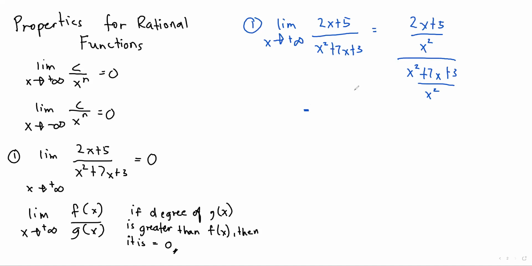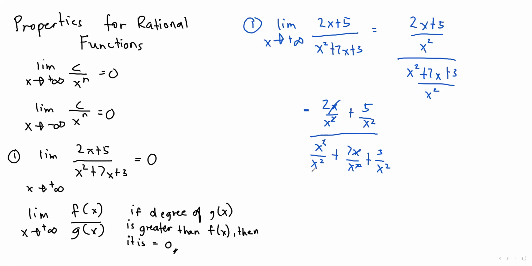Okay? And pwede natin i-dissect yan. Pwede natin gawin yan 2x over x squared plus 5 over x squared, all over x squared over x squared plus 7x over x squared plus 3 over x squared. Okay? So, magiging ganyan.